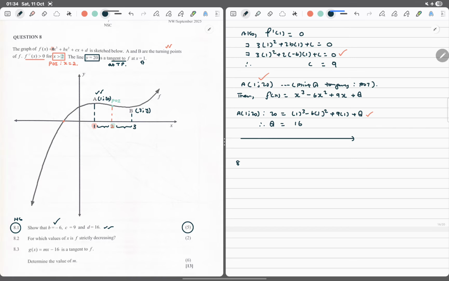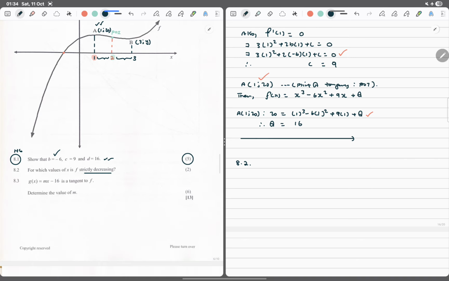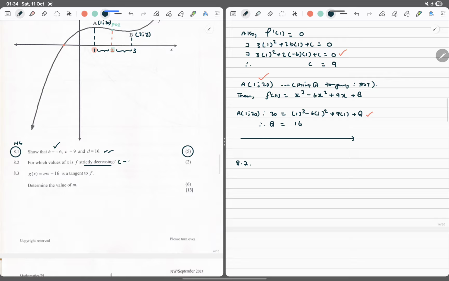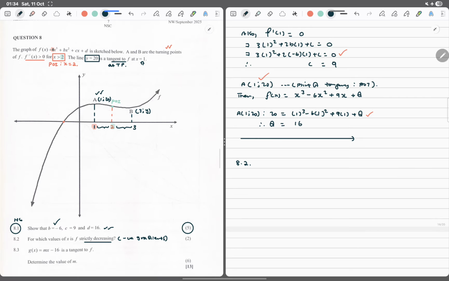So 8.2 says, for which values of x is f strictly decreasing? Now, when it is strictly decreasing, we mean it must have negative gradients. Negative gradients are only in this section of the graph, between the two turning points.